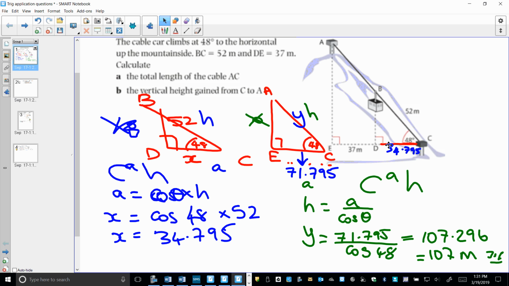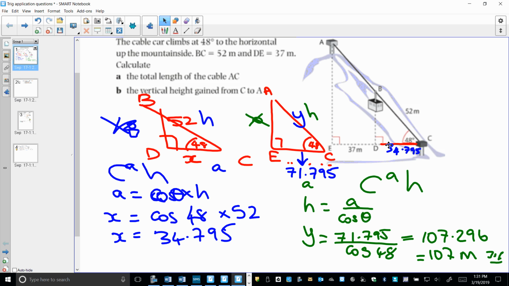Okay, are we good with that? Now, part B. So we haven't finished. All of that work was just for part A. Part B says the vertical height gained from C to A. So that means they want to know the vertical height.